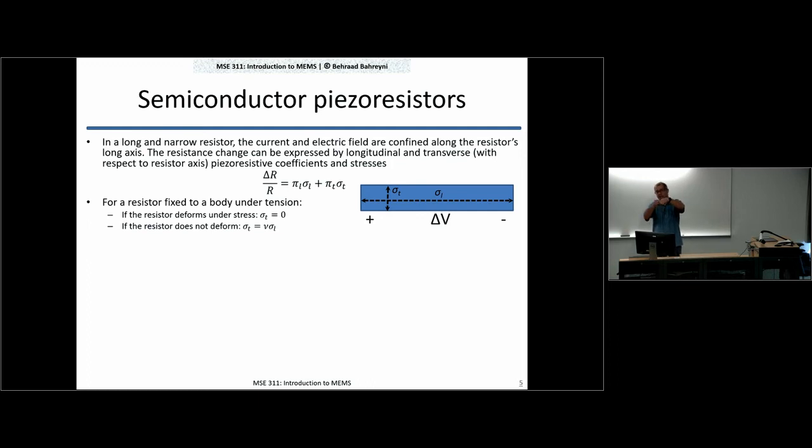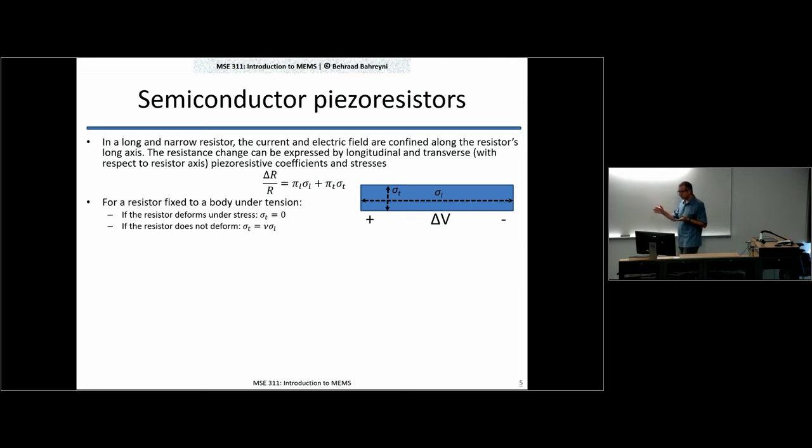In that case, you will have the longitudinal stress applied to it as well as the transverse stress, because the material underneath has shrunk a bit in that direction, and because the two are glued or fixed to each other, your piezoresistor will feel a transverse stress as well.